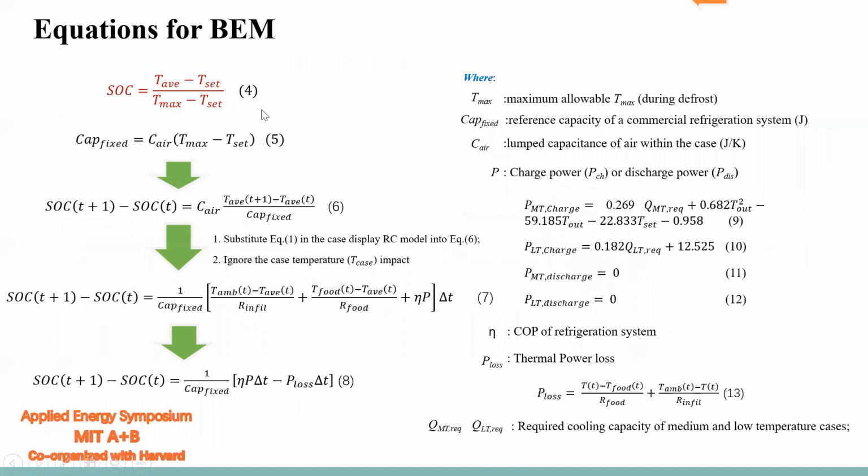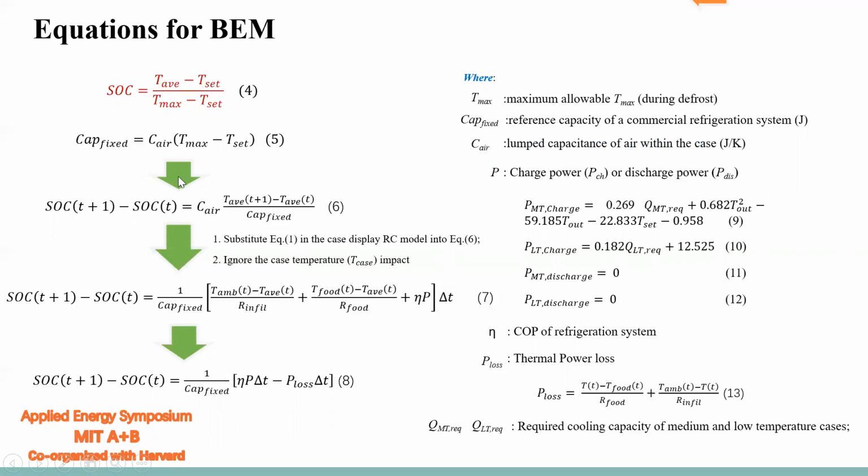We made some important equations for the BEM. As you can see, we define SOC in this equation, where T_set is the set point of the air temperature, and T_max is the maximum allowed temperature during the defrost period. This equation is used to represent the overall cooling energy stored in the display cases. C_L is the lumped capacity of air within the case, which results from the RC model.